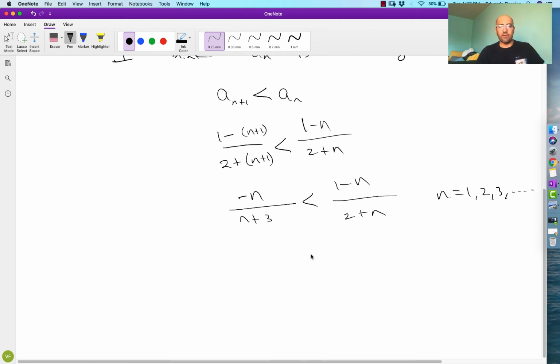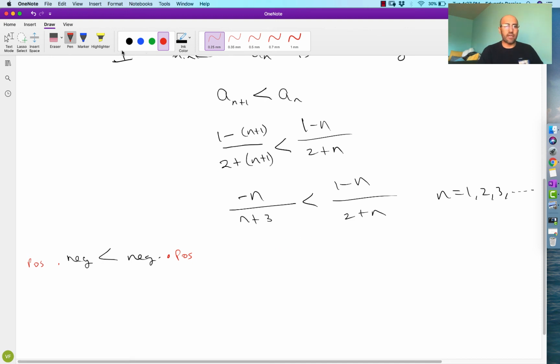If a negative number is less than some other negative number, then we can multiply both sides by a positive number and we still maintain the inequality.